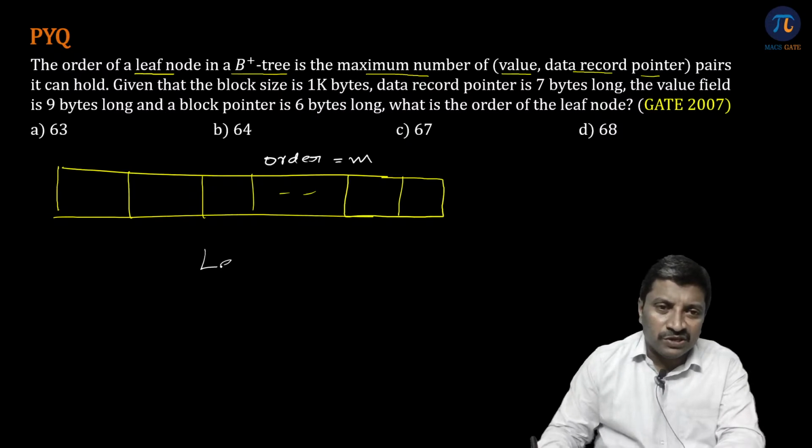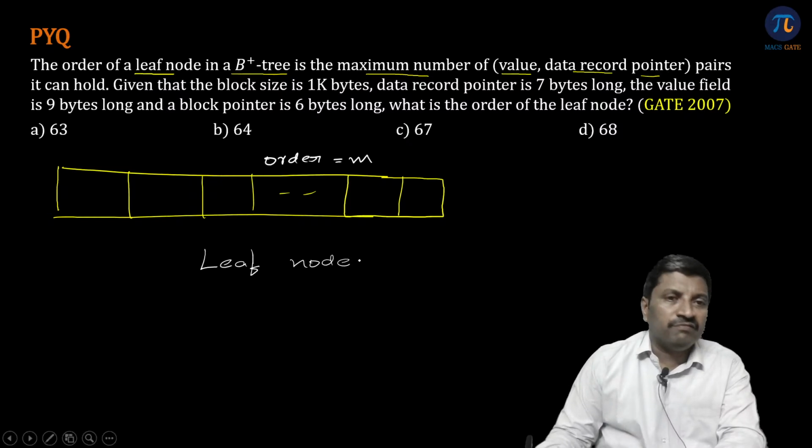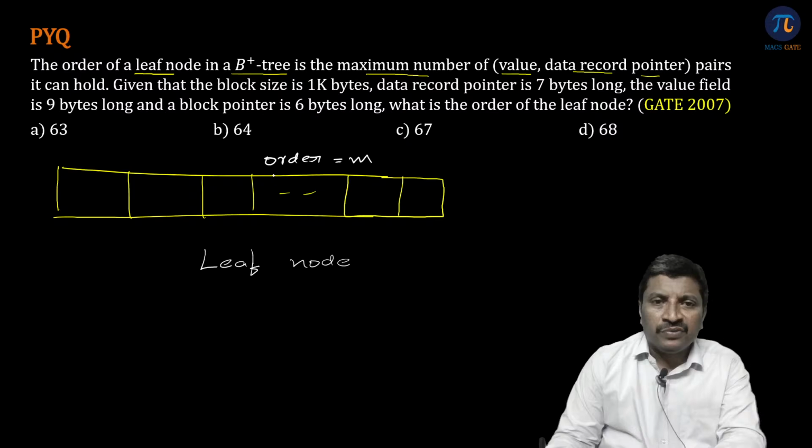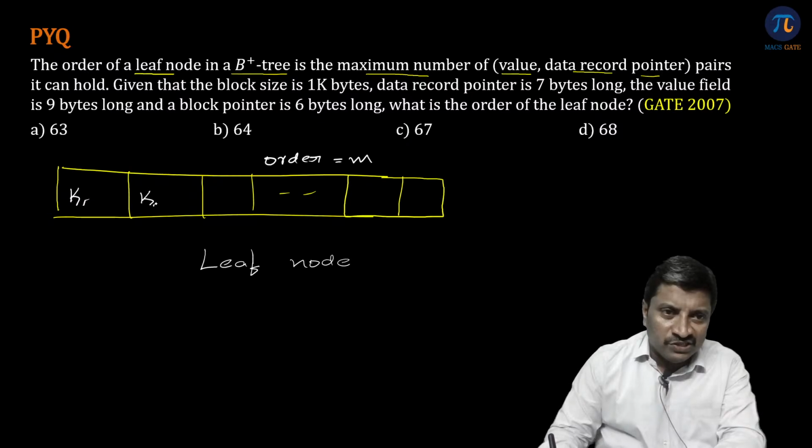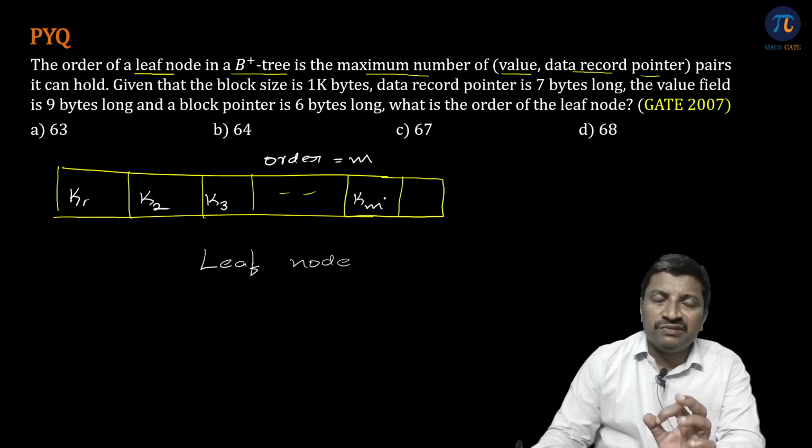This is a leaf node, because they are discussing leaf nodes. Then value, record pointer. What does that mean, sir? First of all, it will have m number of keys. This is the first point.